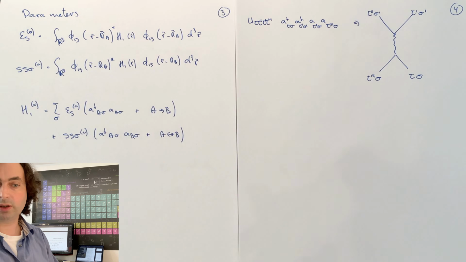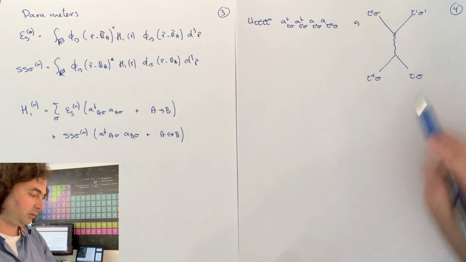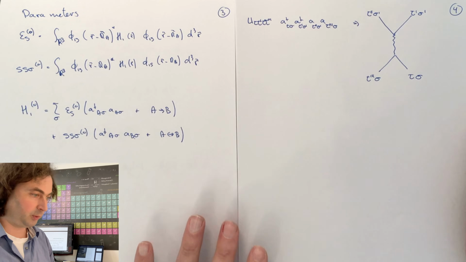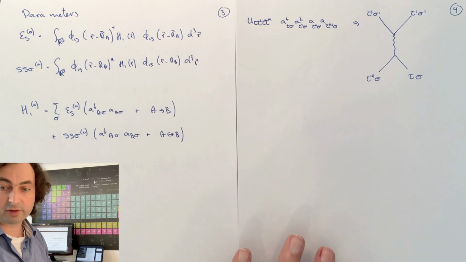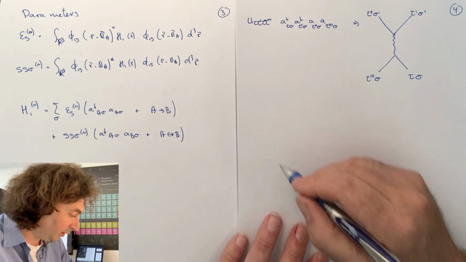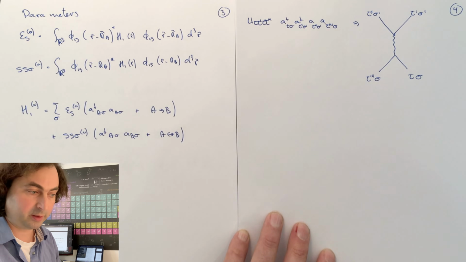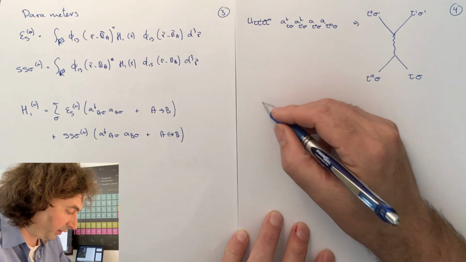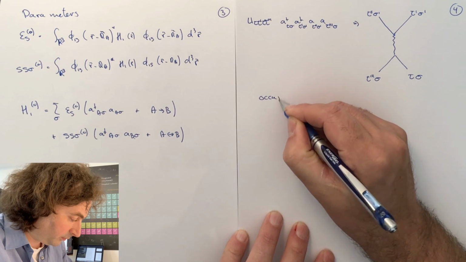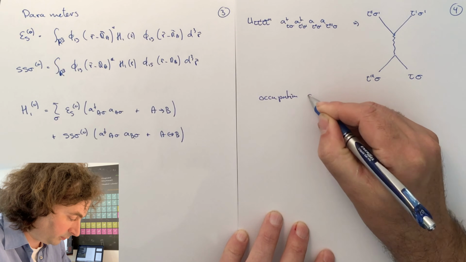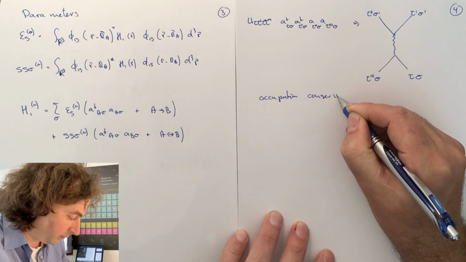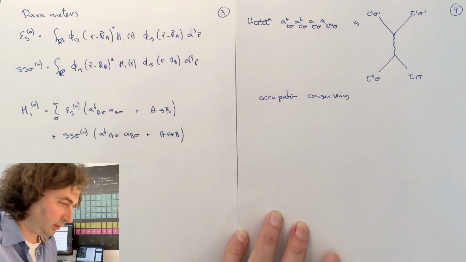Now let's have a look at the inequivalent quantum numbers that we can put in here for our Hubbard dimer or the hydrogen molecule. First of all, we can look at particle number conserving, or occupation number conserving, diagrams.